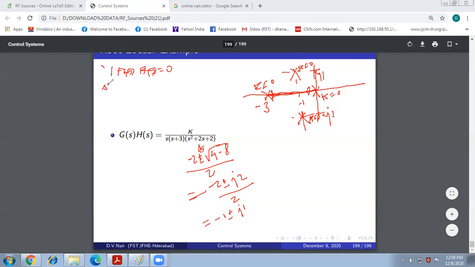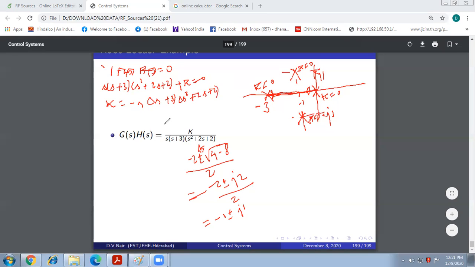It will be s into s plus 3 into s square plus 2s plus 2, plus k equal to 0. Or you can get the value of k from here. K will be equal to what? All these things will go on that side. It will become minus s into s plus 3 into s square plus 2s plus 2.